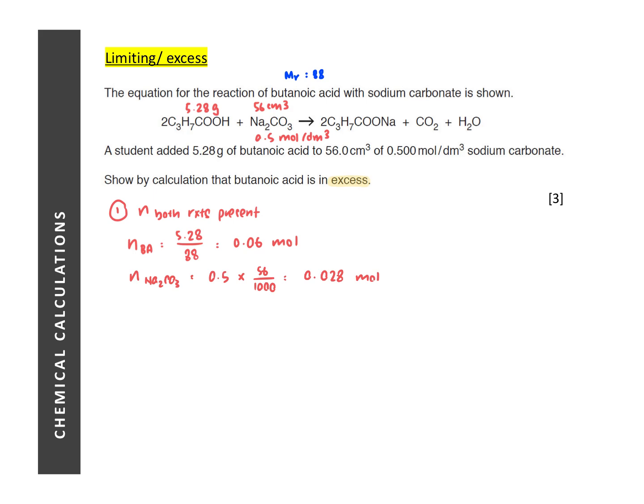Now that we have found the number of moles of both reactants present, to know which one is limiting and excess, the second step is that we need to just pick one of the reactants. For example, I would pick sodium carbonate. We know that we have 0.028 moles present.